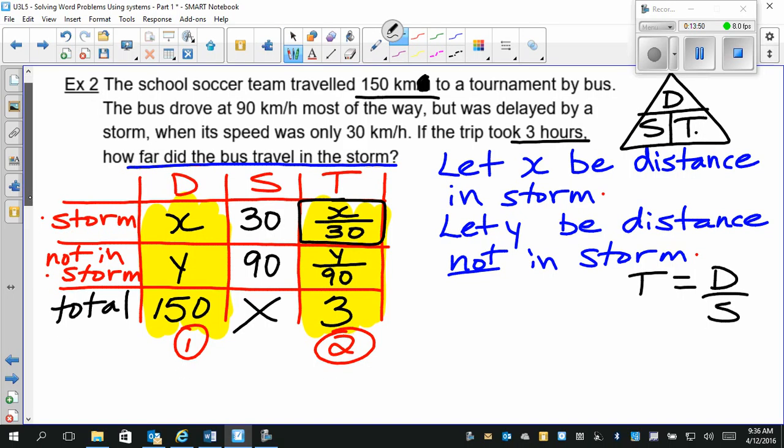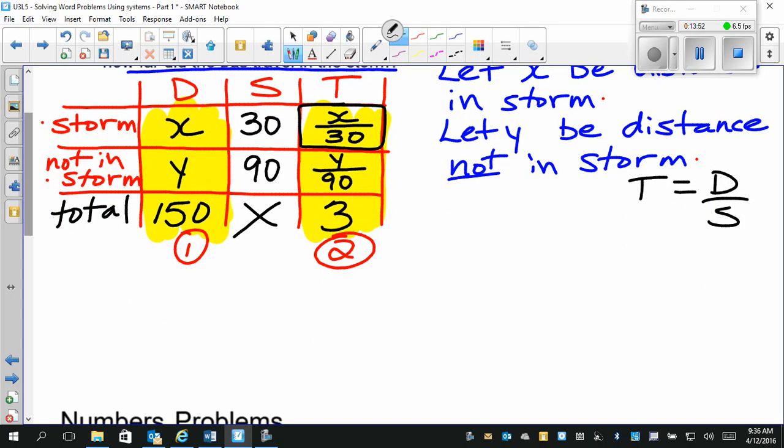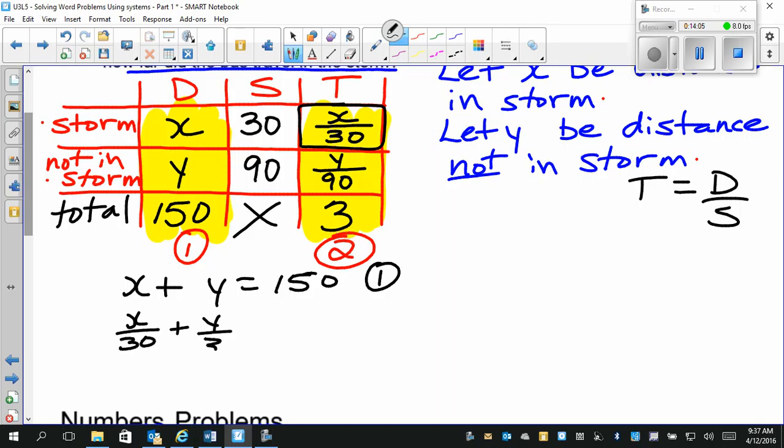One equation is x plus y equals 150. That's equation 1. And then I've got this one that has fractions in it. That's x over 30 plus y over 90 equals 3.